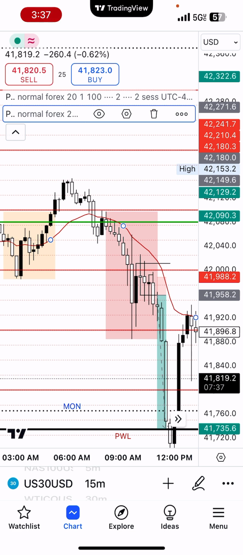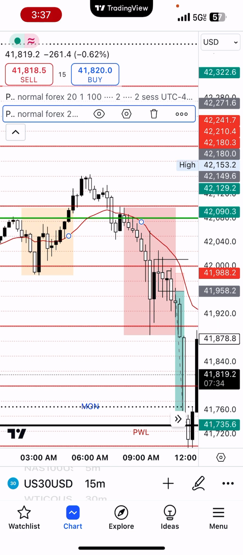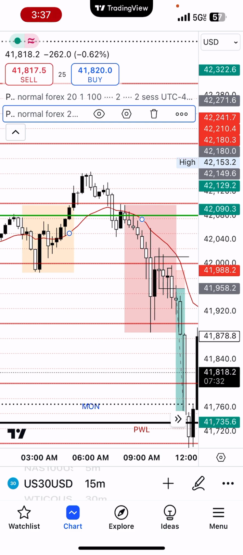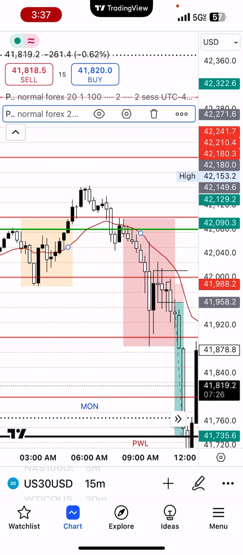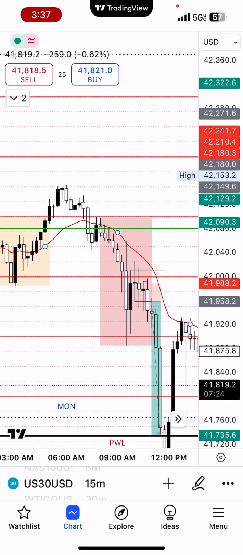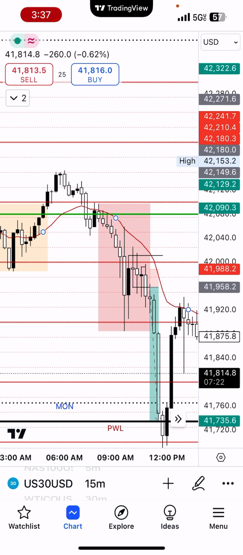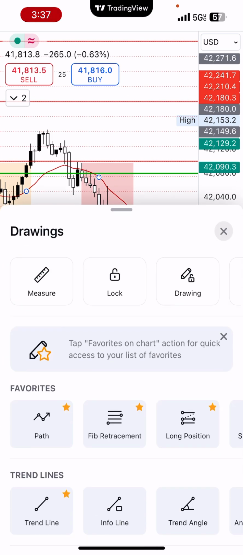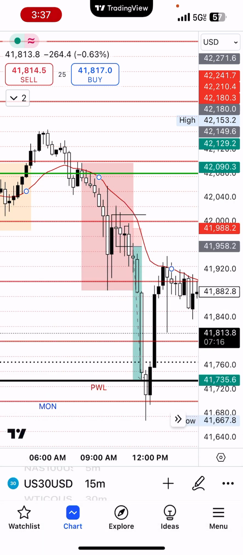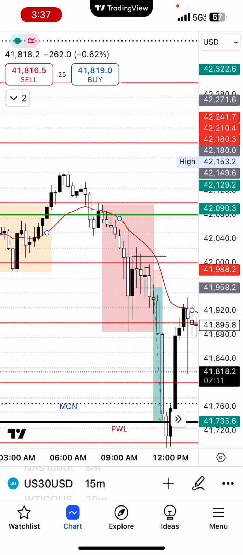That's why I wasn't at the screen to catch that 15-minute pullback. This thing is not showing up, this 15-minute pullback that was right here. Come on, man. No, it's not letting me do it.